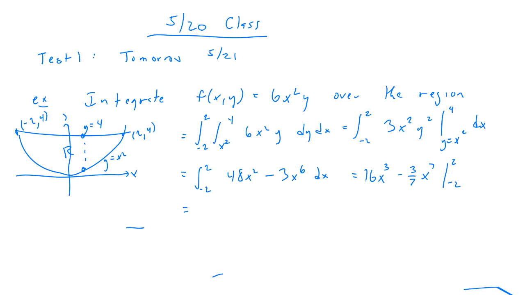So you get whatever 16 times 8 times 2, so 16 times 16, which is what, 256 or something like that. And then minus 192 over 7. So to a number, I'm going to be lazy since this is not on the test. So you plug in the two numbers. So I'll at least do that.